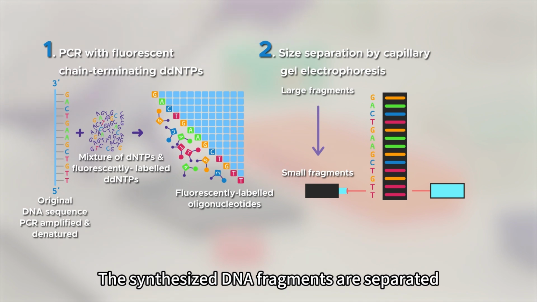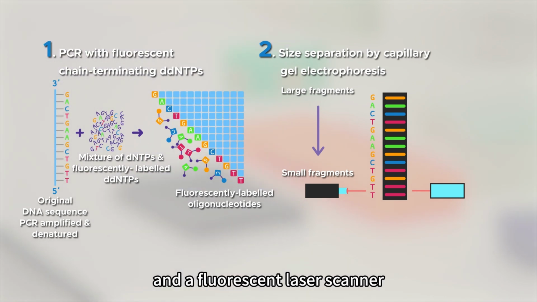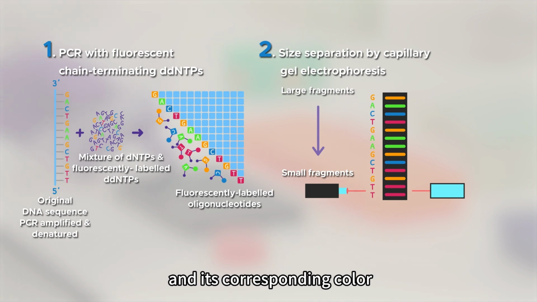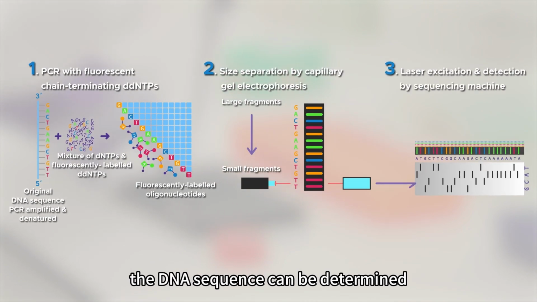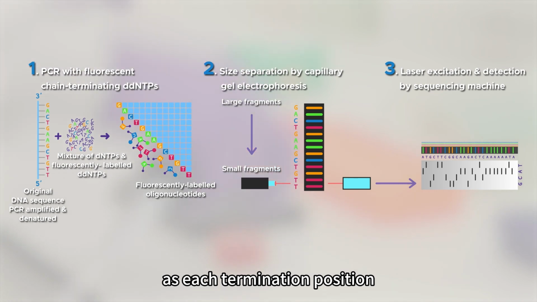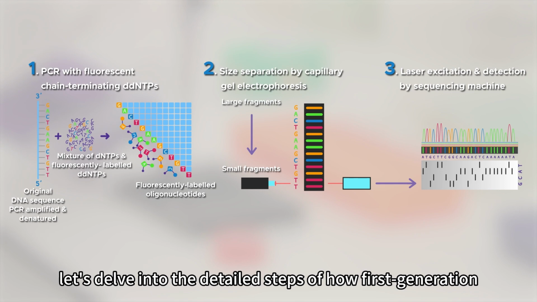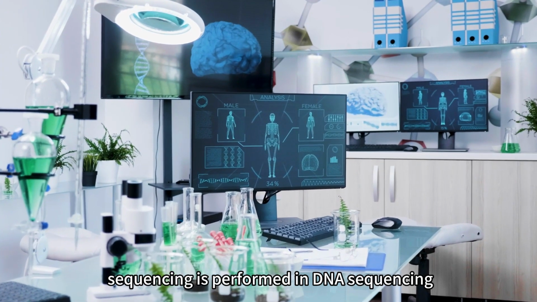The synthesized DNA fragments are separated by size on a polyacrylamide gel, and a fluorescent laser scanner is used to detect the position of each termination and its corresponding color. By collecting data from the fluorescent signals, the DNA sequence can be determined, as each termination position corresponds to a specific nucleotide. Next, let's delve into the detailed steps of how first-generation sequencing is performed in DNA sequencing.